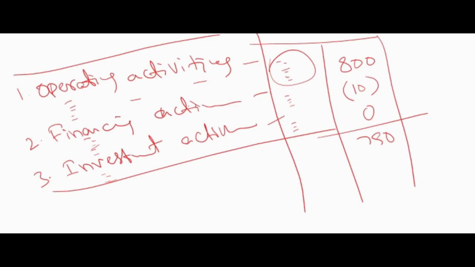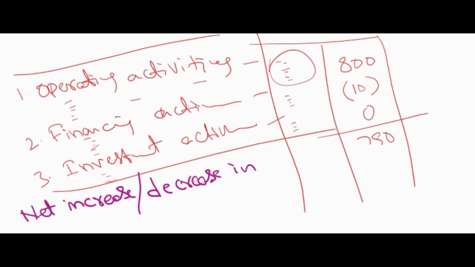So how will we show this? This is the net increase or decrease in cash and cash equivalents, right?